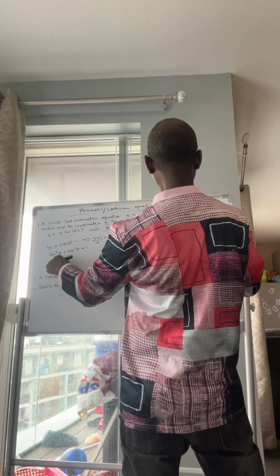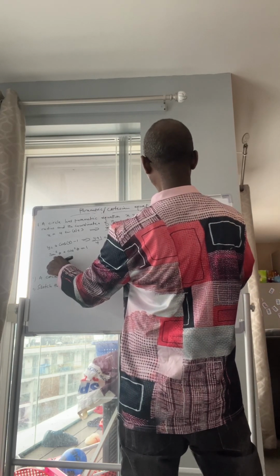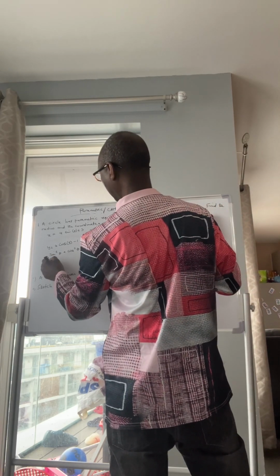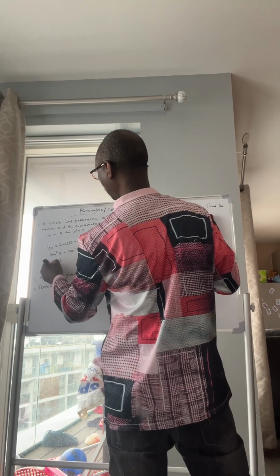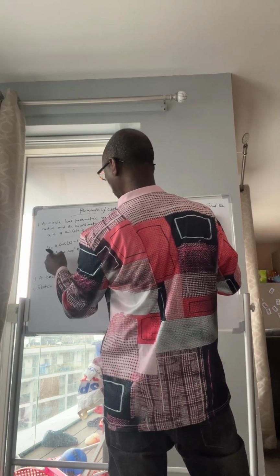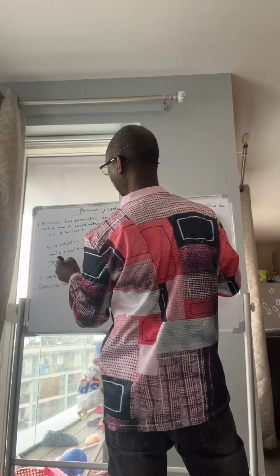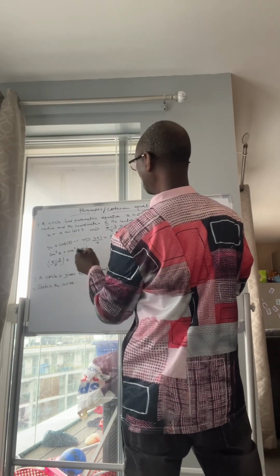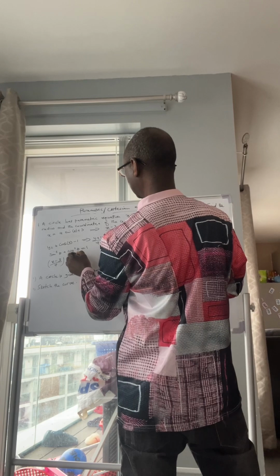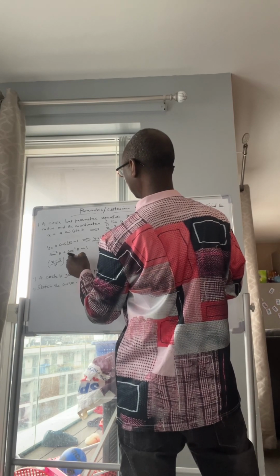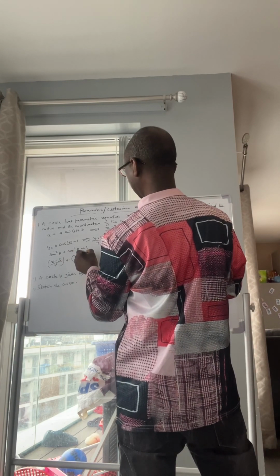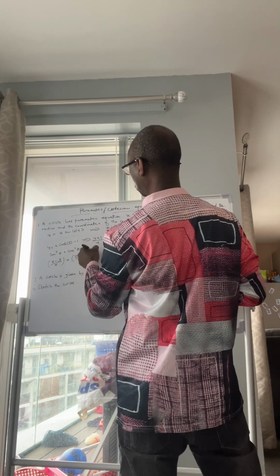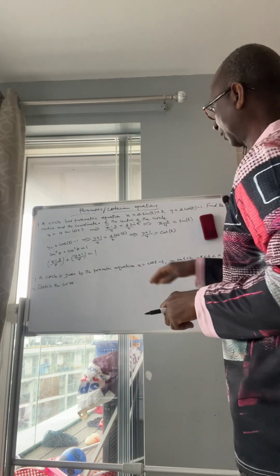Sine squared, what do we have for sine? You have sine is x minus 3 all over 4. We square it. Plus, what do we have for cos? The cosine was y plus 1 all over 4. We square it. And all this is equal to 1, from this formula.